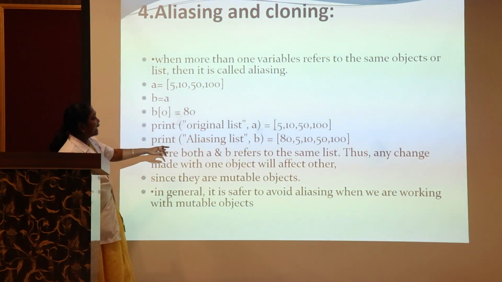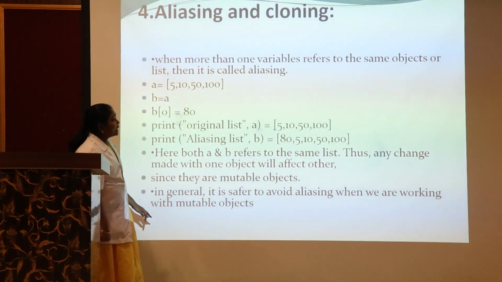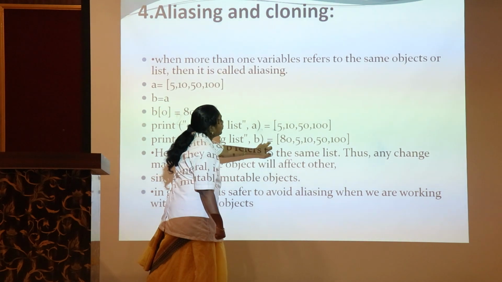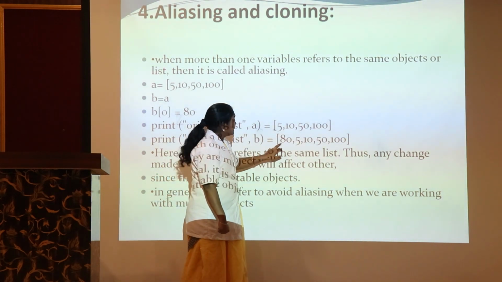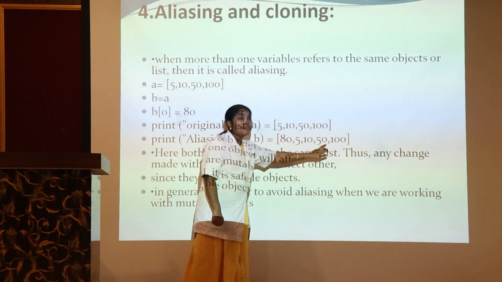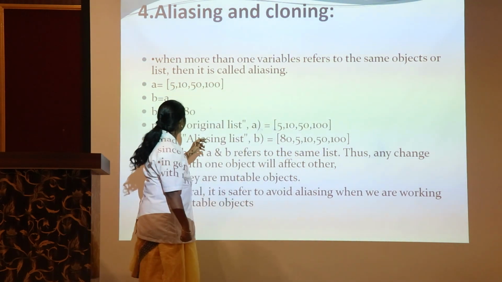Next, print the aliasing list. Aliasing list B equal to open bracket 80, 5, 10, 50, 100.